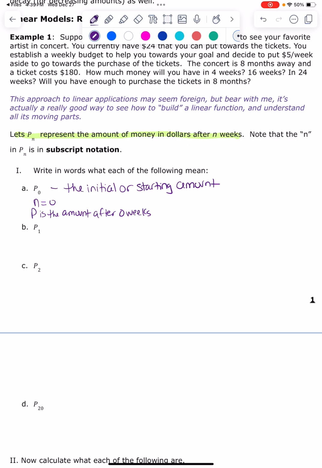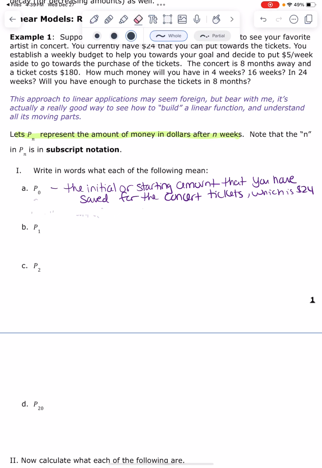You generally know what you're starting with and then you build from there. So in this case, it's the initial or starting amount that you have saved for the concert tickets, which is $24. Okay, I think I'm going to go ahead and erase this. So that's what you want to put in your notes.